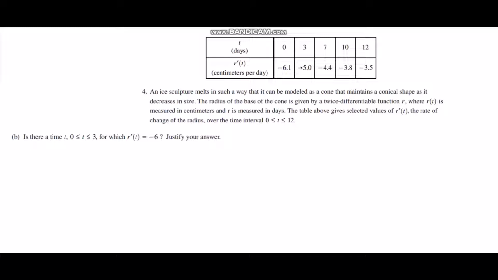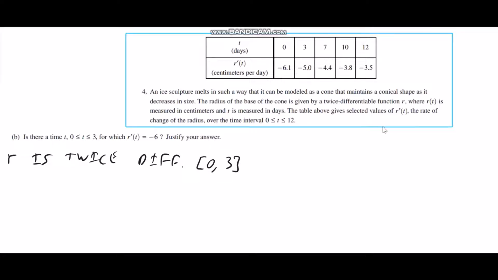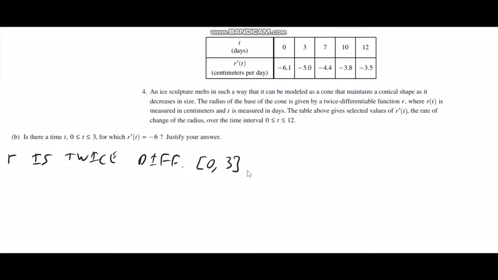So what I'm going to do is say that because r is twice differentiable, which they told us on 0 to 12, but I'm just going to put down 0 to 3. Let me use the bracket notation here, [0, 3]. Again, because r is differentiable on 0 to 12, it's certainly differentiable on 0 to 3.